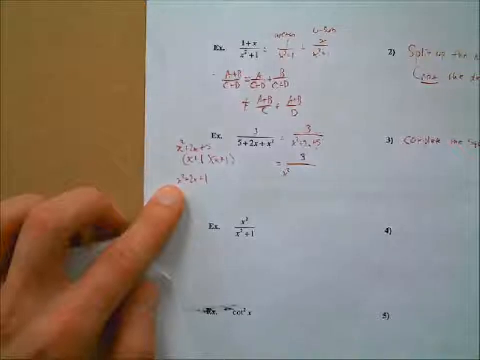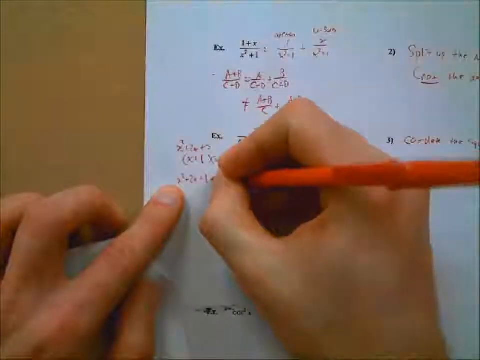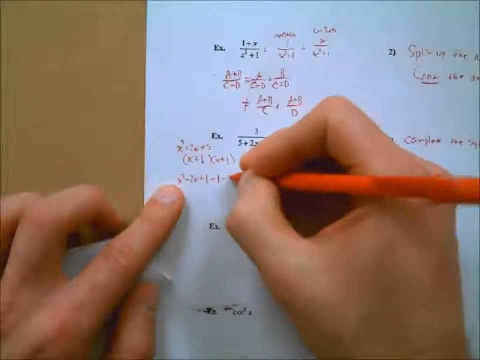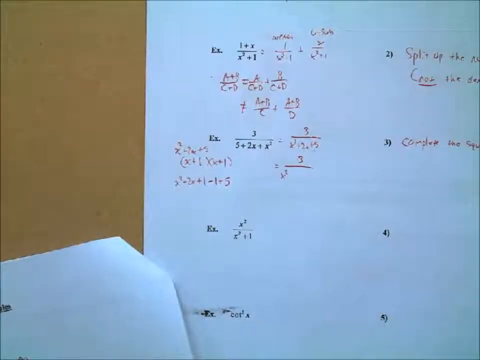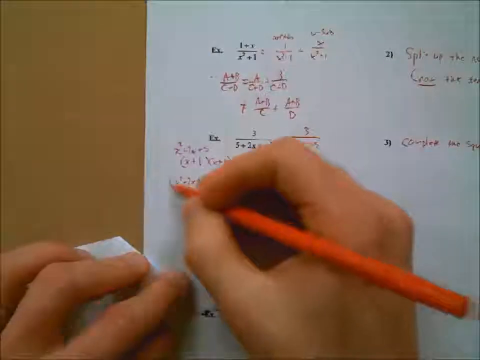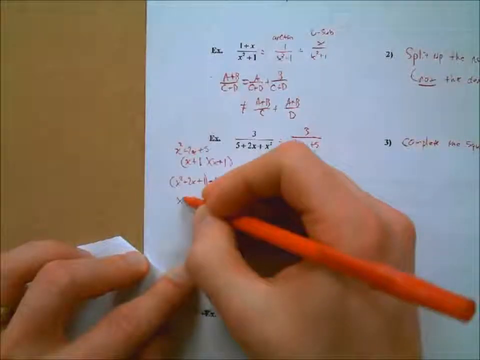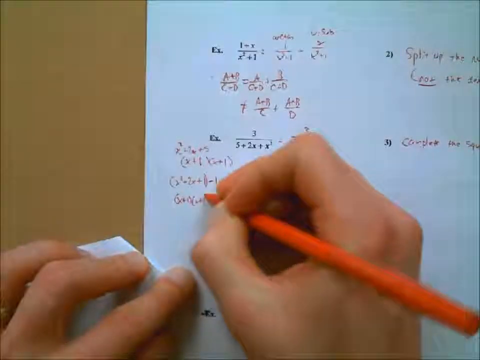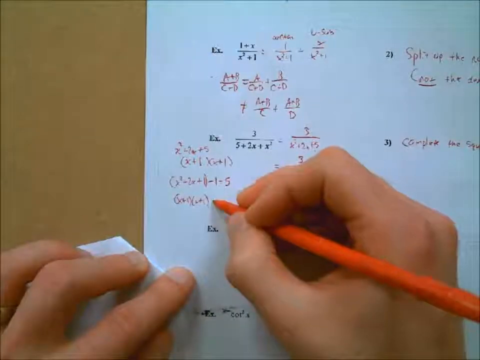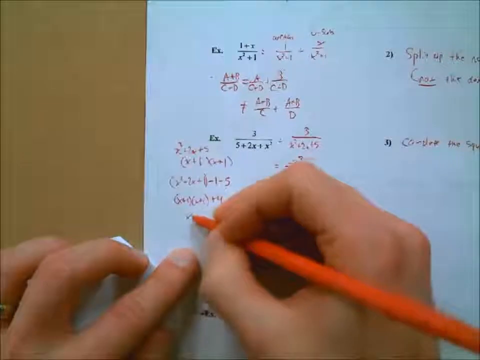Because we can't just add a number in and say it's the same thing. So I'm also going to simultaneously put in a minus 1, and then I'll also still have the plus 5 there as well. Okay? And so now I can factor this thing. It'll be x plus 1 times x plus 1. And then the minus 1 and the plus 5 simplify to plus 4. And so then we can see that's how we create that perfect square.